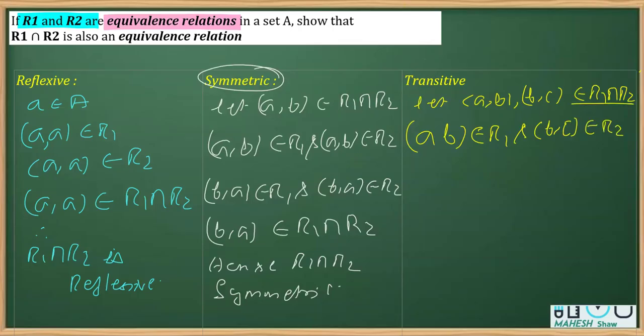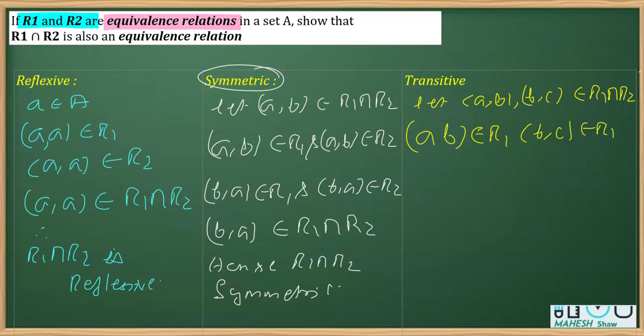If it is present in the intersection, it means it must be present in both R1 and R2. I think we should first deal with R1. Since (a, b), (b, c) is found in the intersection of R1 and R2, it means (a, b) belongs to R1 and (b, c) also belongs to R1.